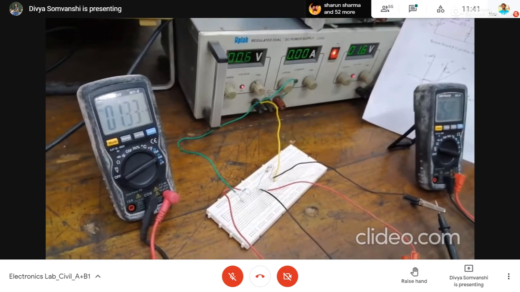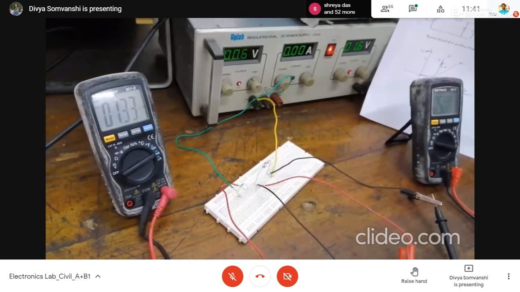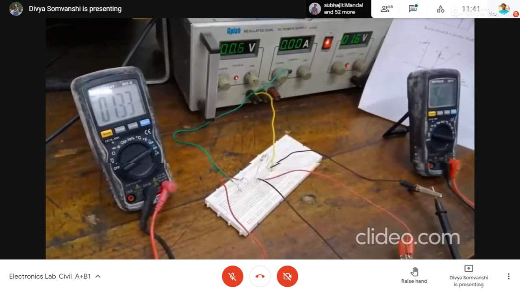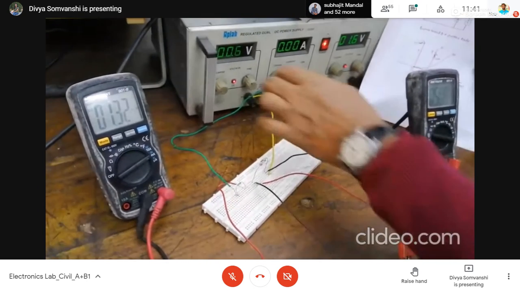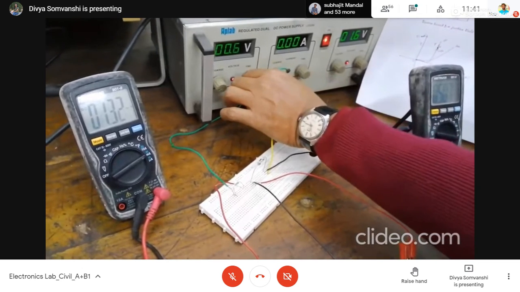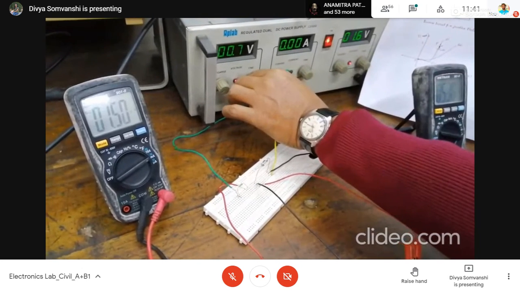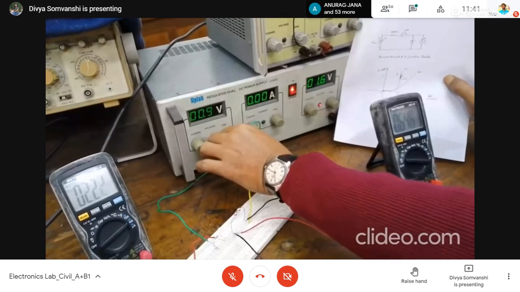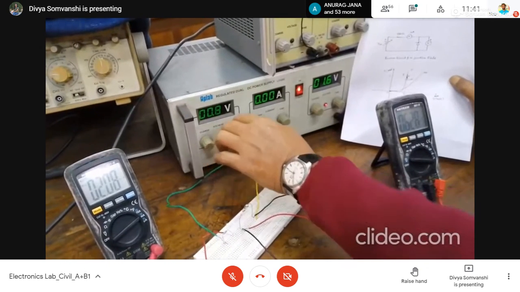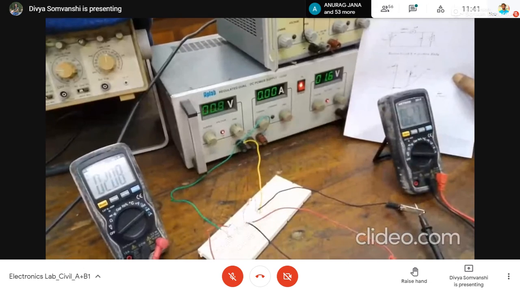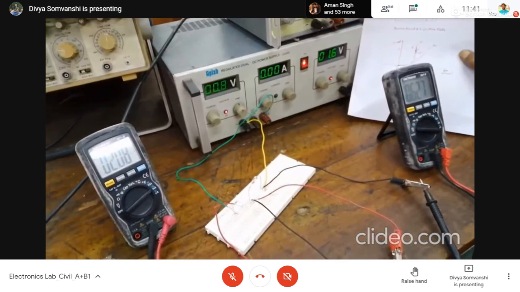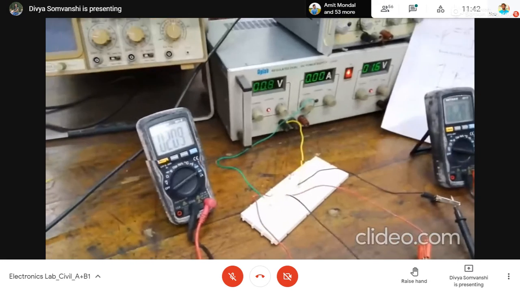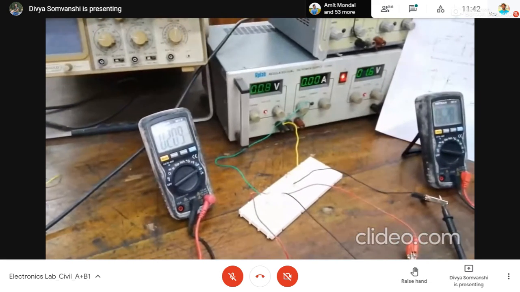And probably you find out the knee voltage of that specific diode. If I further increase, the current also increases to more or less 2 milliampere at 0.62 volt.